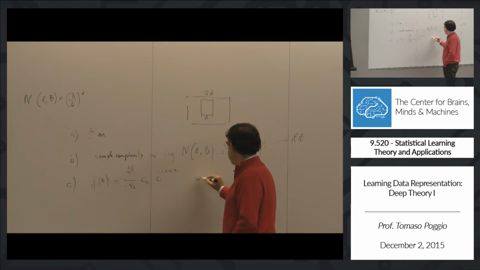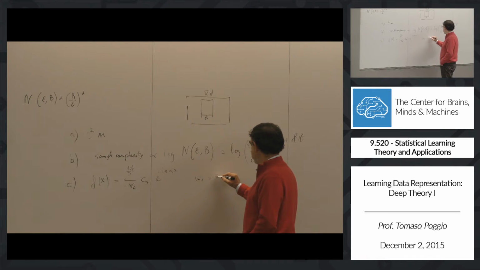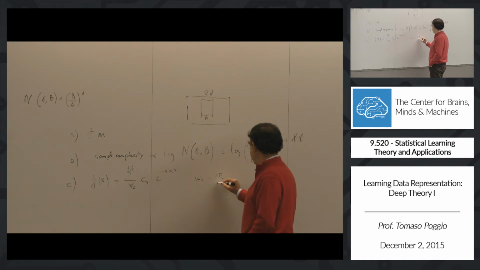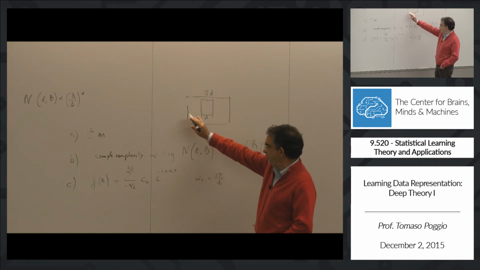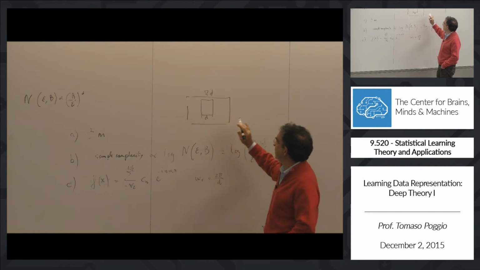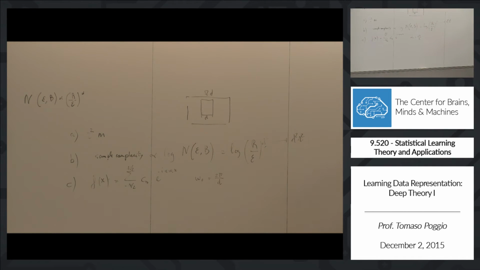And omega 0 should be something like 2 pi over d. I'm considering, for simplicity, just one dimension. So only translation in x now is allowed. Over there in the theorem it is x and y.